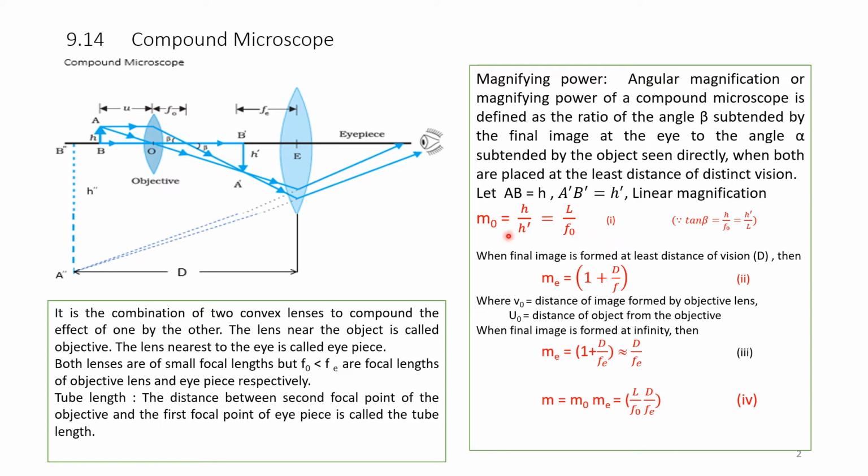Now, we will find the magnification of the eyepiece using the principles of a simple microscope. We find that ME, the magnification of the eyepiece, is given by 1 plus D by F, which is obtained from the equation of a simple microscope, where V naught by U naught, V naught is the distance of the image formed by the objective lens and U naught is the distance of the object from the objective.